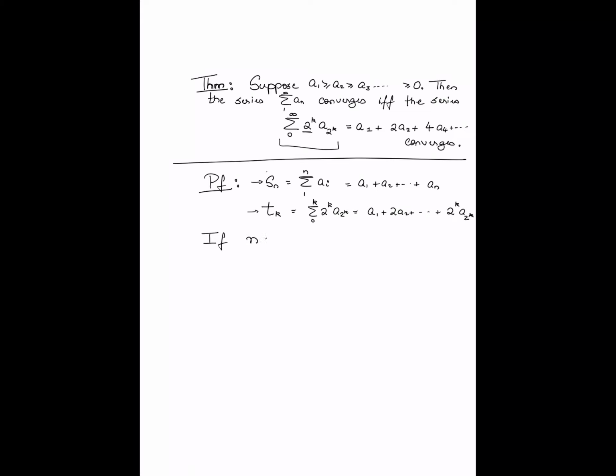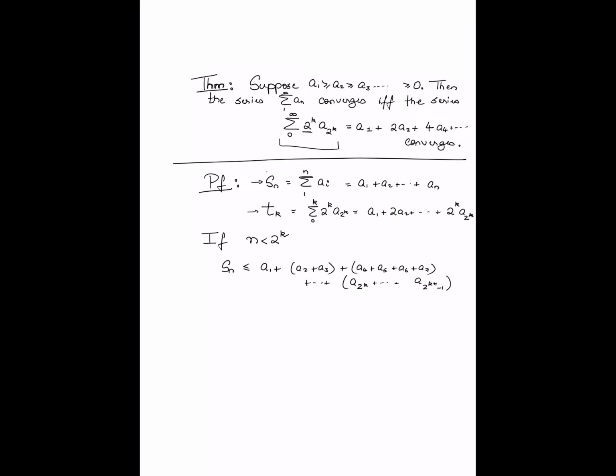Okay, so suppose that n is less than 2 raised to k. In this case we can write Sn and bound it from above as follows. Remember n is less than or equal to 2 raised to k, so I can just write this as a1 plus a2 plus a3 plus, well, I'll write one more term, a4 plus a5 plus a6 plus a7, all the way up to a2 raised to k plus 1 minus 1.